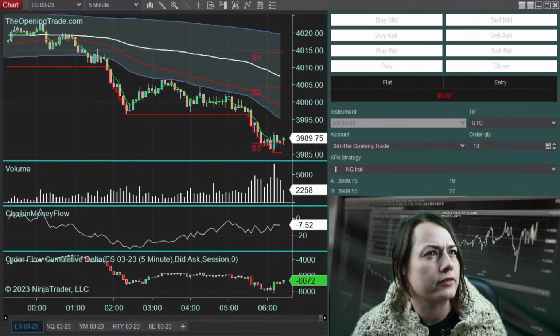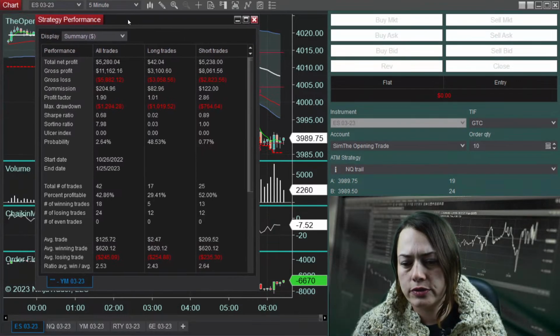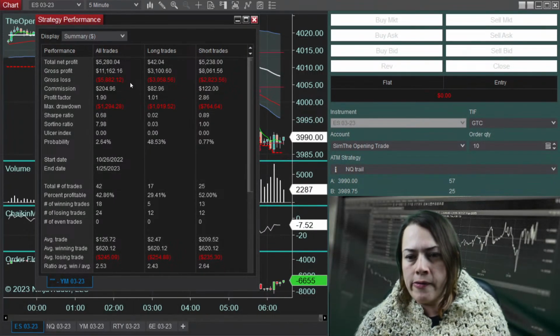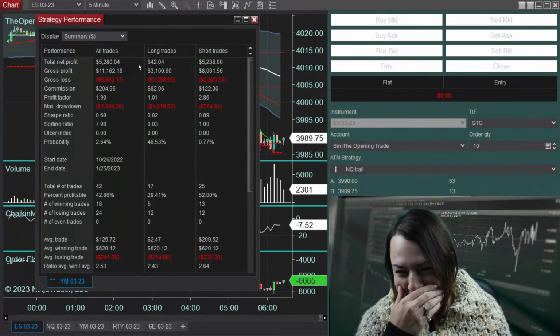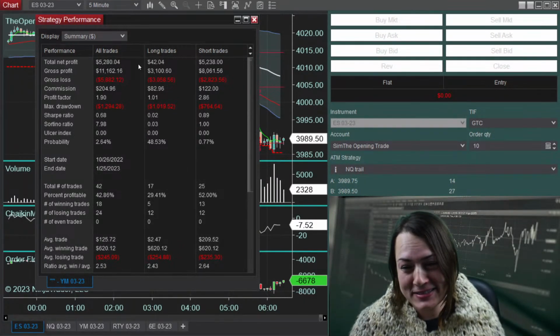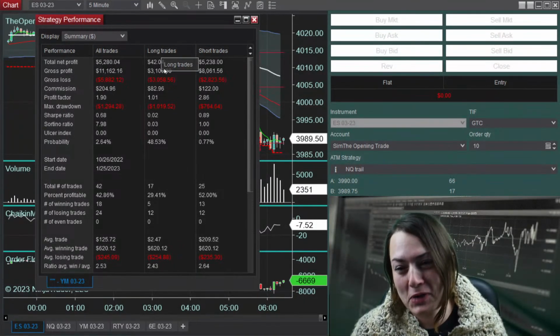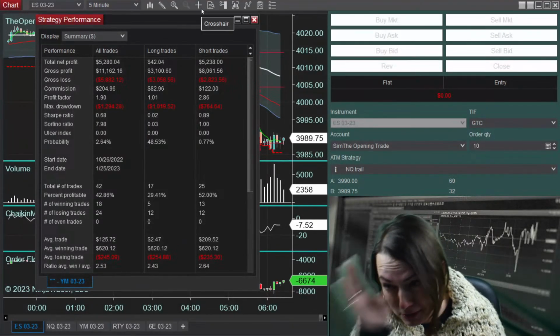Then we have the Dow Jones. Again, the start and end date, the max drawdown, the gross loss, and profit and total net profit.